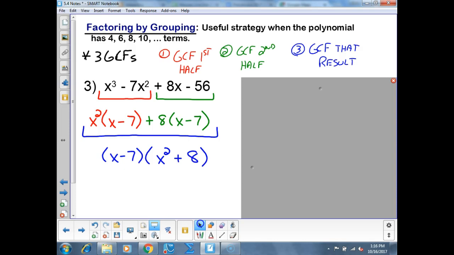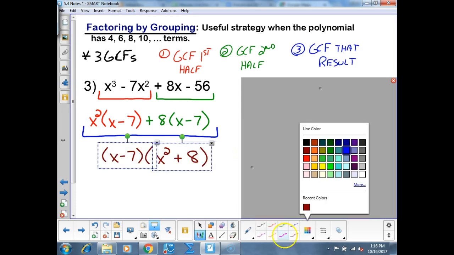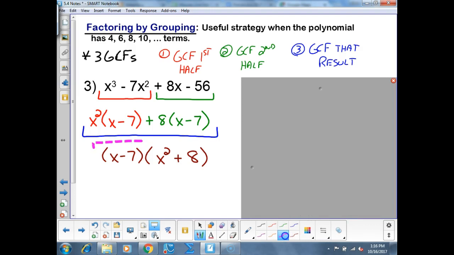Is x squared a cube? No. So that's not a sum of 2 cubes. So then this is my answer.